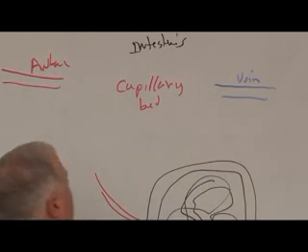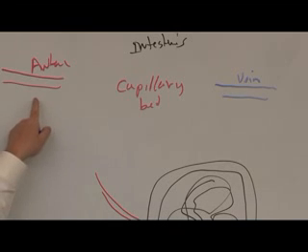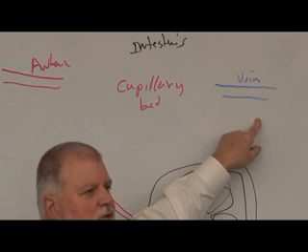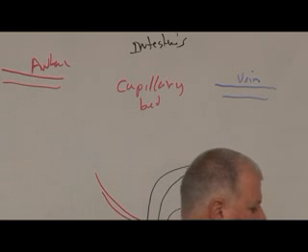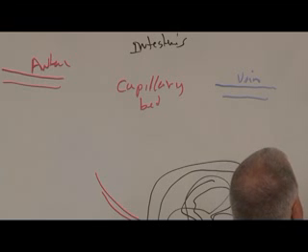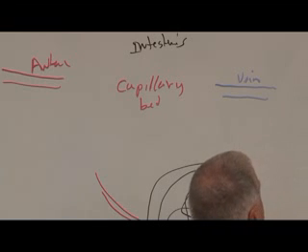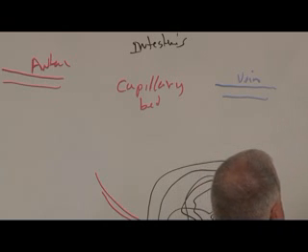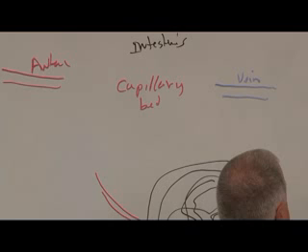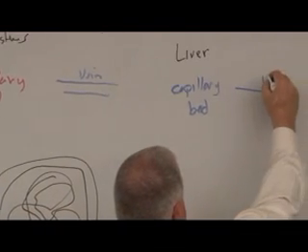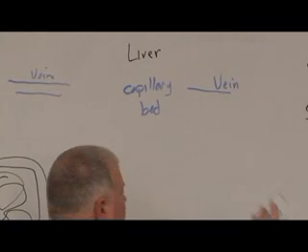And in normal circulation, arteries carry blood away from the heart and veins carry blood to the heart. But in this instance, our liver is in the way. So we have our liver here, and within our liver, we're going to have a second capillary. And then what we're going to do is drain the liver back to the heart via a vein.